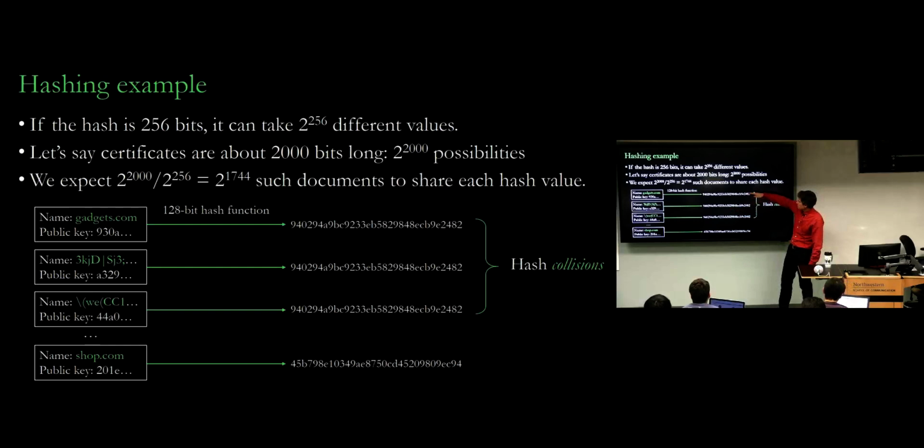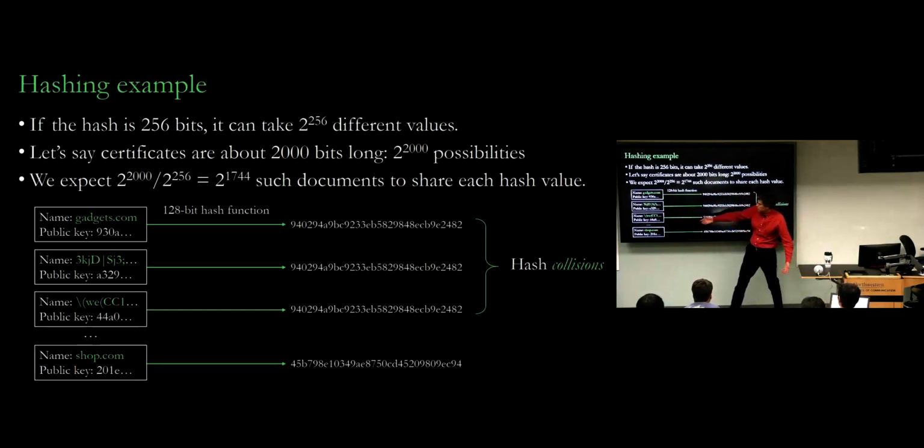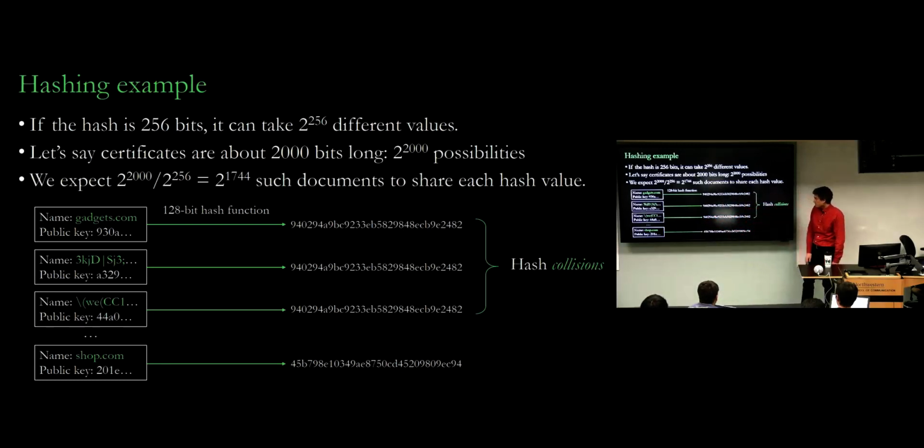And so any signature for this one will also be a signature for that one. By virtue of this simple mathematical argument, there are many, many different documents that correspond to the same document that we signed, including this other one. But we hope that all the other valid, useful certificates like shop.com with this public key hash to different numbers, so that the signature for this one can't be used to verify, for example, this other one, right?